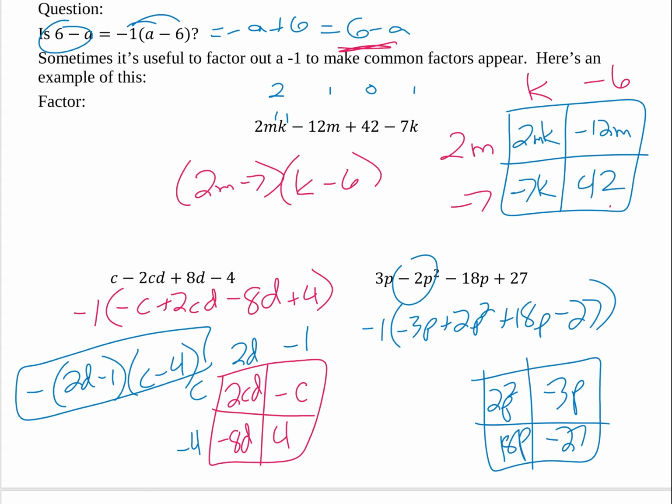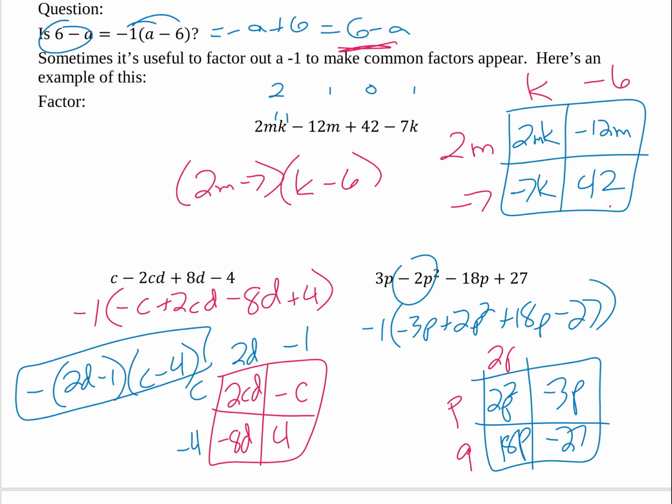P, yep, just P. Bottom row. 3, 3 definitely works. Is there a bigger one? 9, 9 goes into both of those. So we need to get that. Okay, the first column, 2p.